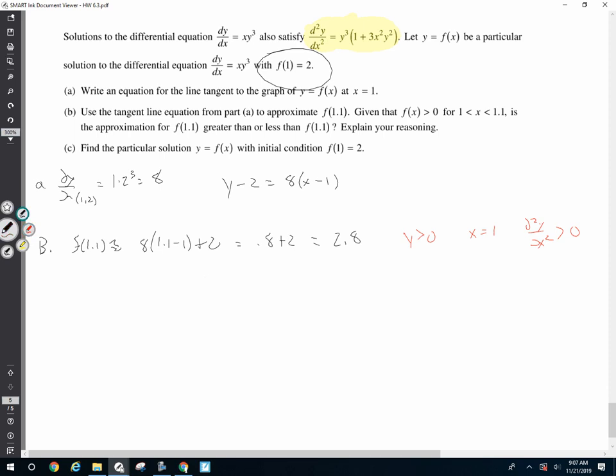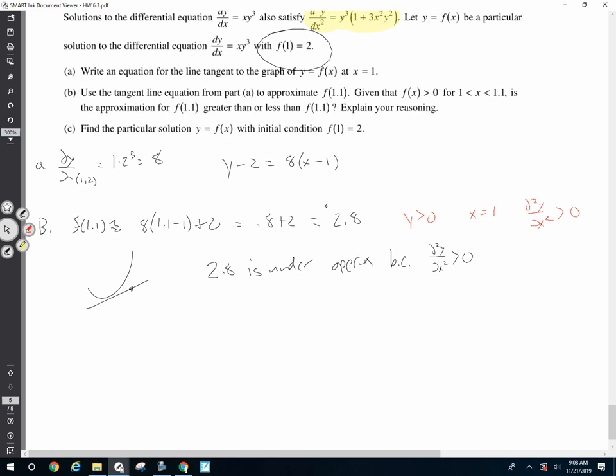When my second derivative is positive, my graph is concave up, and my approximation is under. So 2.8 is an under approximation because d squared y over dx squared is positive. That's all you'd have to write.